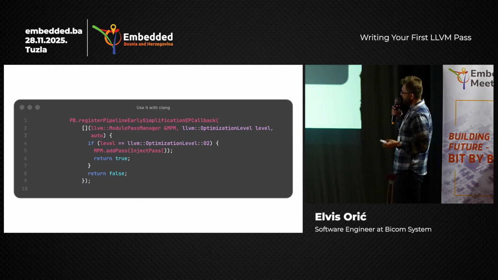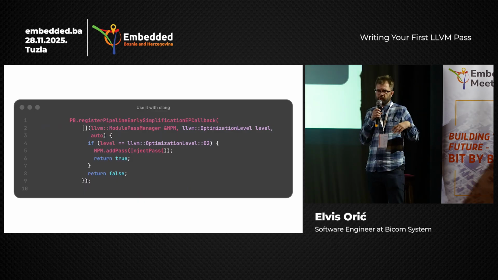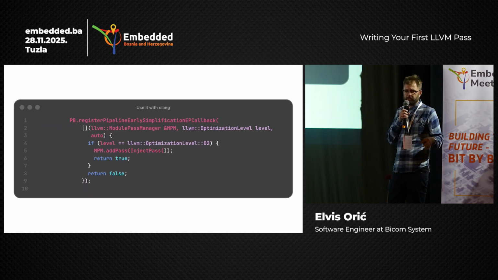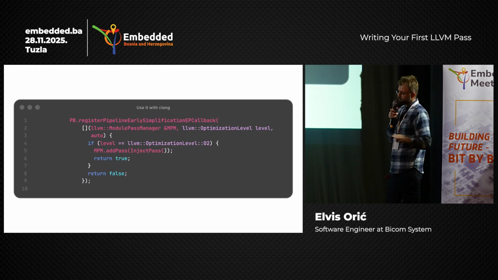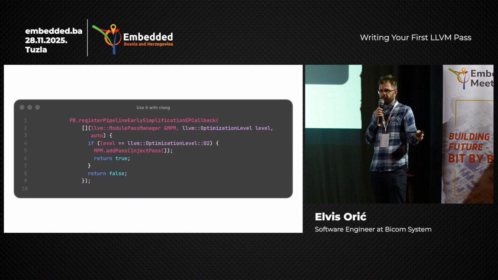Okay, so there is a difference if we are working using opt or just clang, because clang is well defined. We cannot inject our pass everywhere. We have to use predefined pipelines.